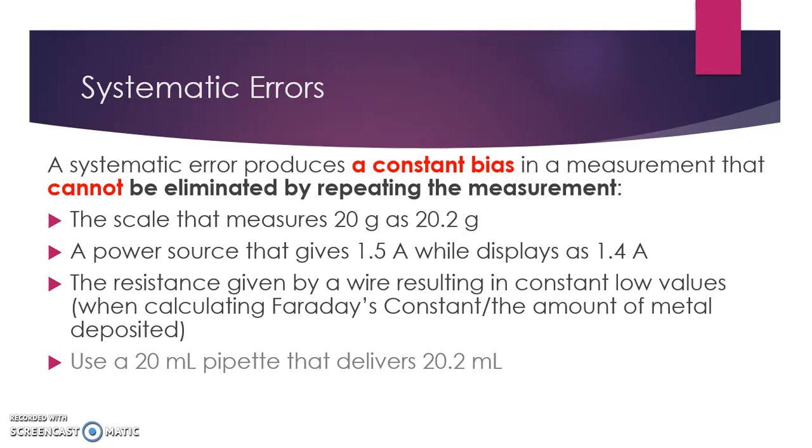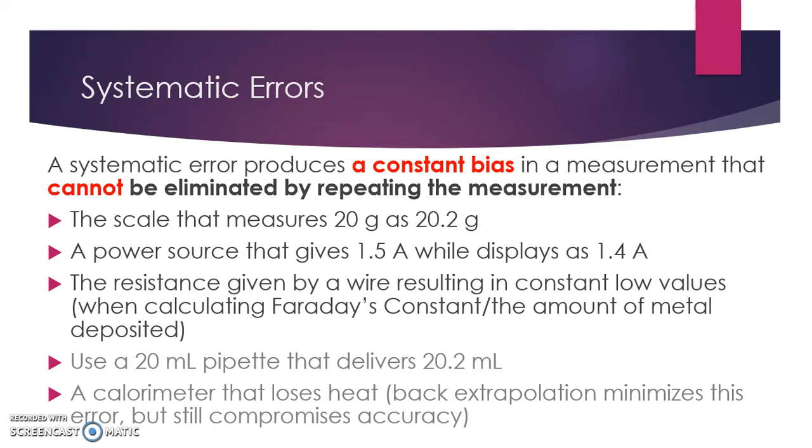Or in titration, if a 20 mL pipette actually delivers 20.2 mL, or in calorimetry, a calorimeter that always loses heat. So essentially all calorimeters will lose heat. Those errors are introduced to your experiment and will affect the accuracy of the result, but they are systematic errors.